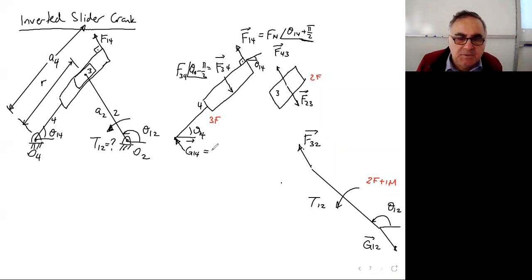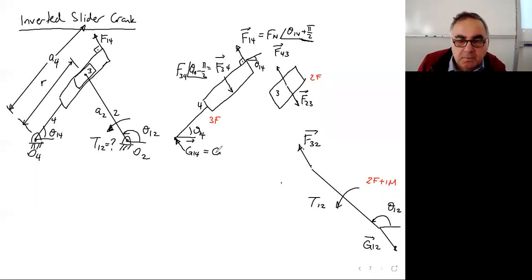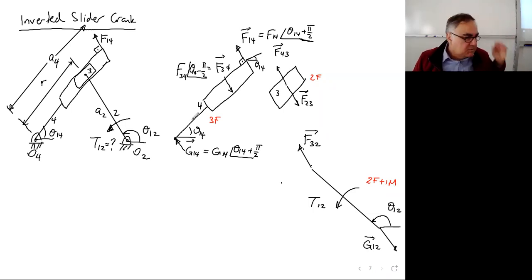And G14 is G14 with an angle of again theta 14 plus pi over 2 because it's the same. Supposedly it's in the same direction with F14.